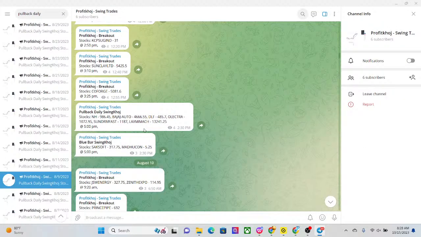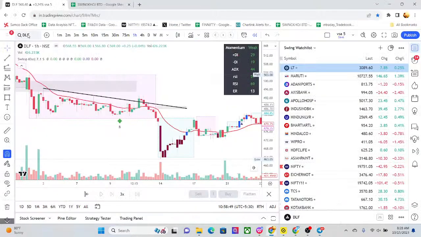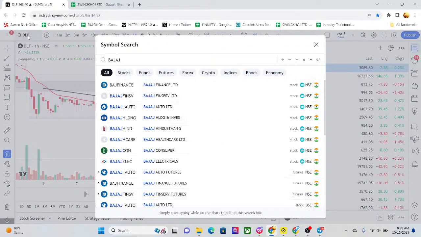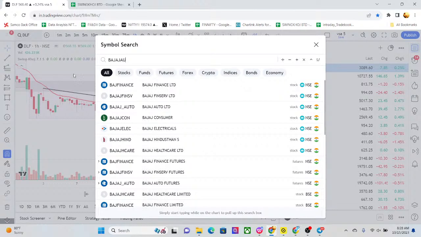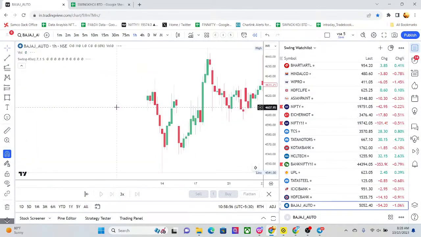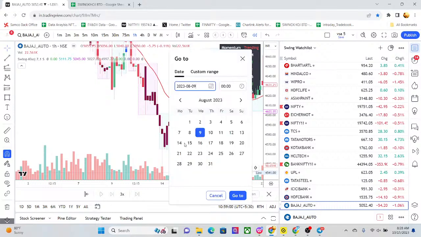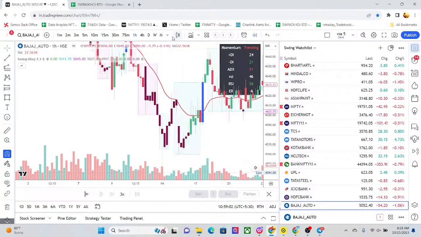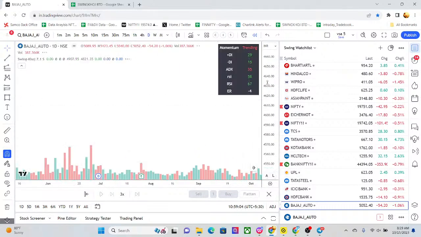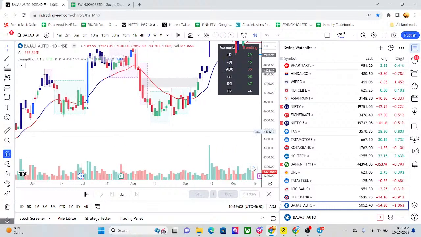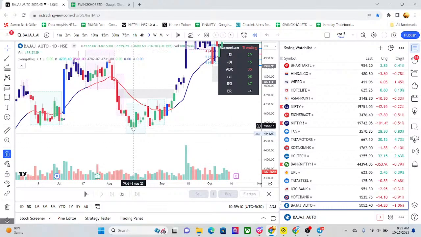Let's take another example. Bajaj Auto. First, we go to the daily time frame, around this 9th of August.